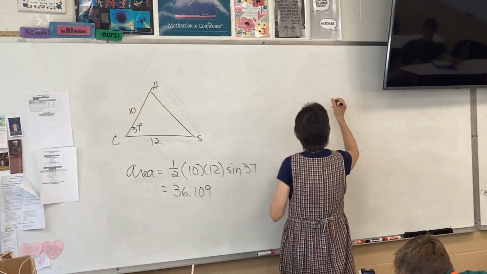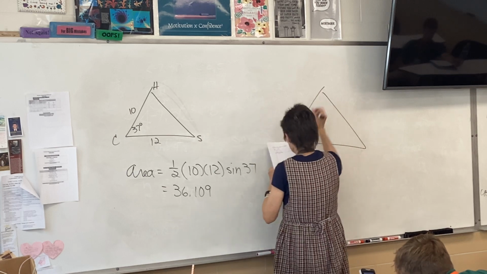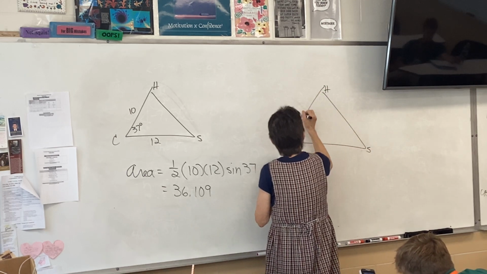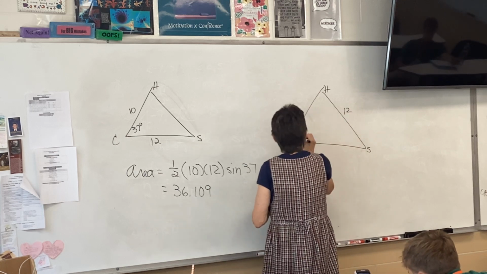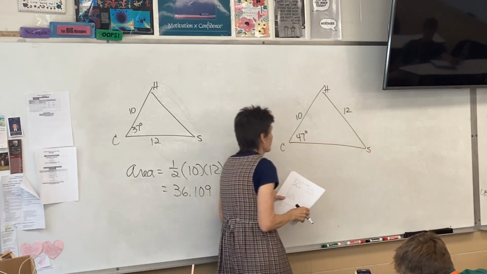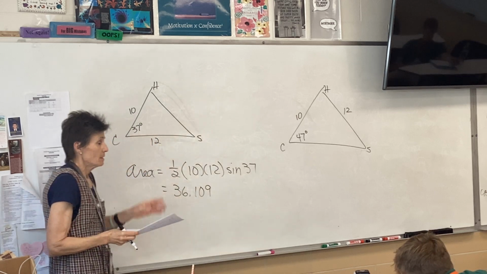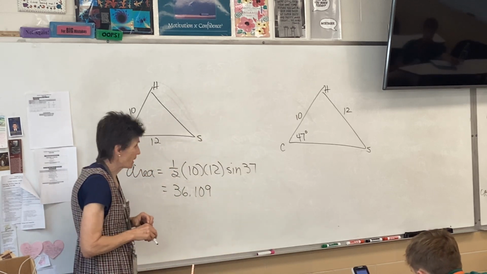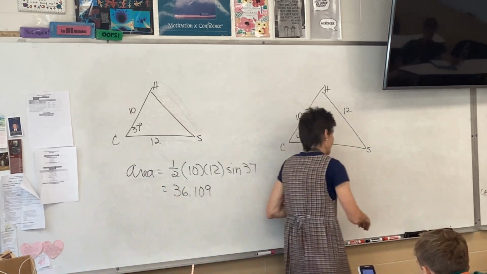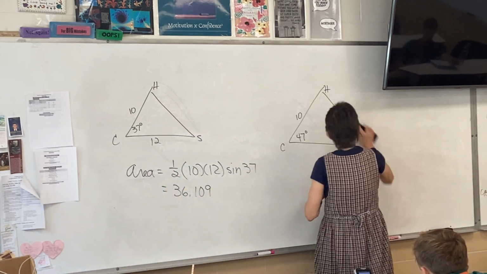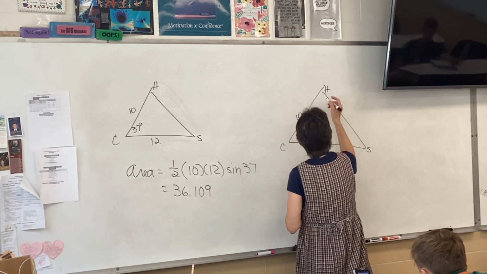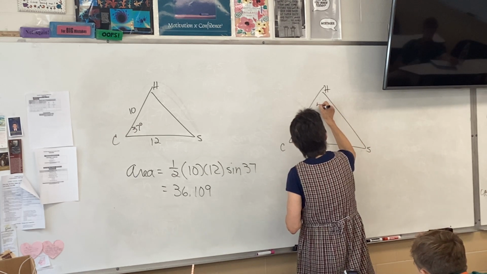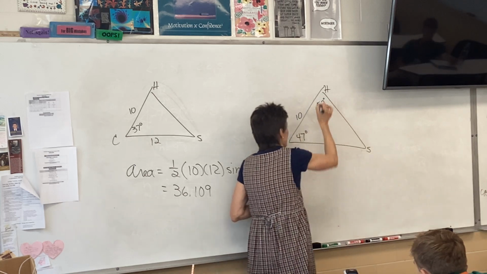Now, let's skip down to C for a moment. We'll come back and do B in a second. Actually, no, I don't like that. That's ambiguous. Let's erase that and change this to a, let's say 52. Let's look at this triangle.